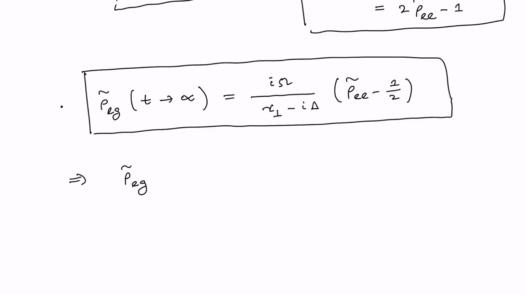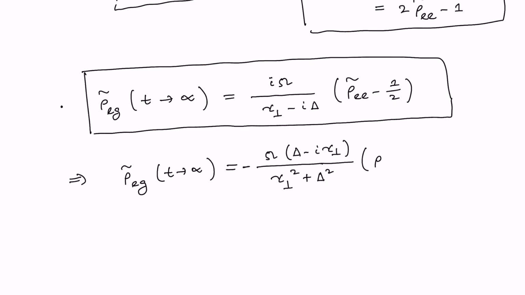Rho tilde EZ as T tends to infinity is equal to, gamma perpendicular square plus delta square, and here I multiply the numerator by gamma perpendicular plus I delta, and if I take the multiplication with I capital omega, I am going to get here omega delta minus I gamma perpendicular, very easy to see, and this part will remain as it is, rho tilde EE minus half.